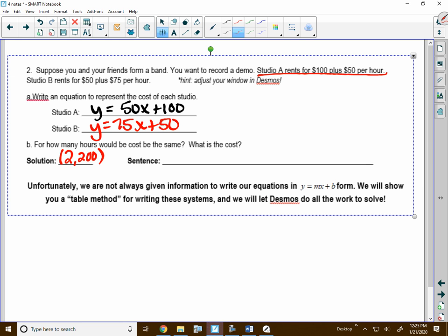What does X mean again? Hours. Okay, so at hour 2, let me finish my sentence. At hour 2, the cost will be $200 for both studios. Both studios will cost $200 after 2 hours.